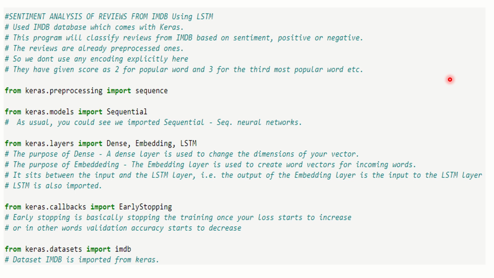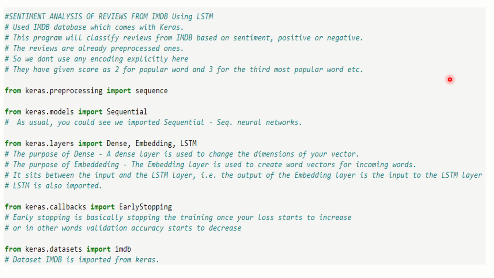And remember, this is very easy because they have already pre-processed the data and we do not have to do any sort of encoding. For example, they have scored 2 for a popular word, 3 for the third most popular word, and we are going to use it. That's all. So this is a sentiment analysis. We are going to build the model step by step. I hope you can easily understand it.